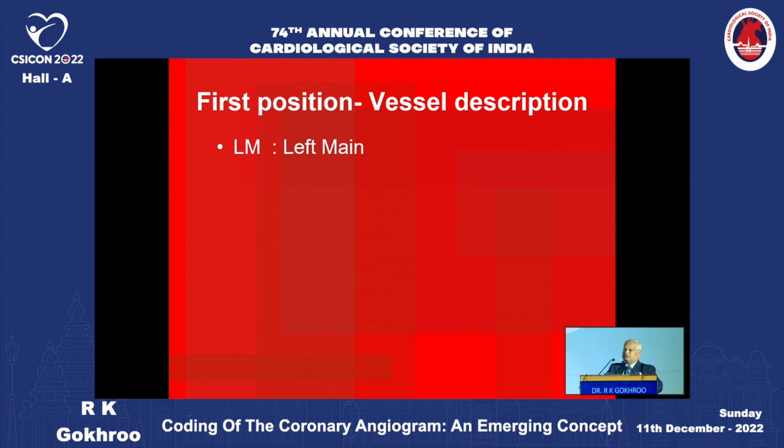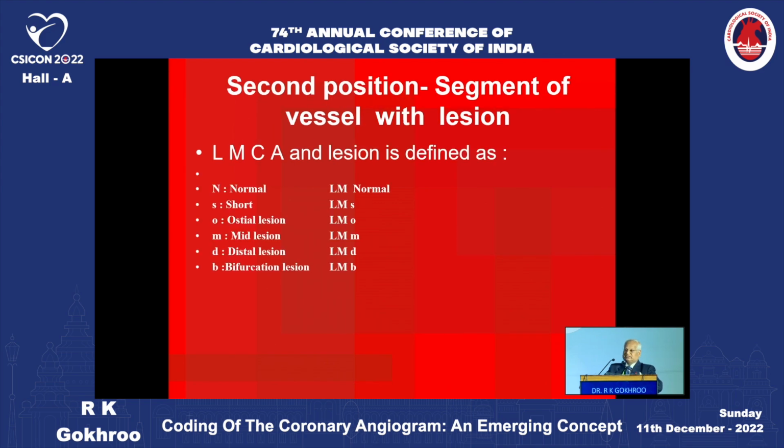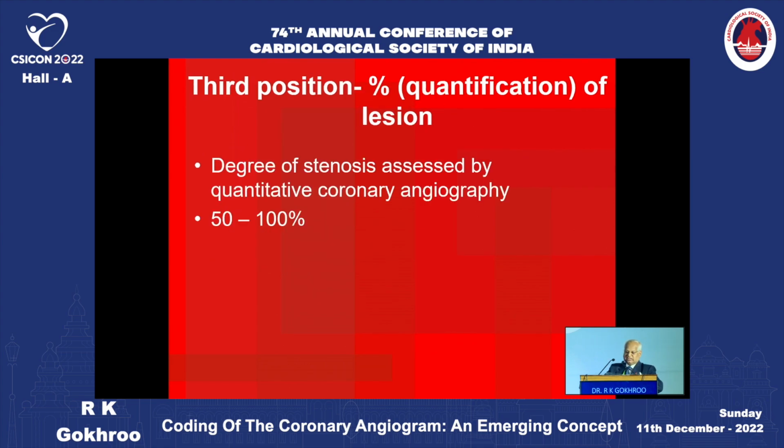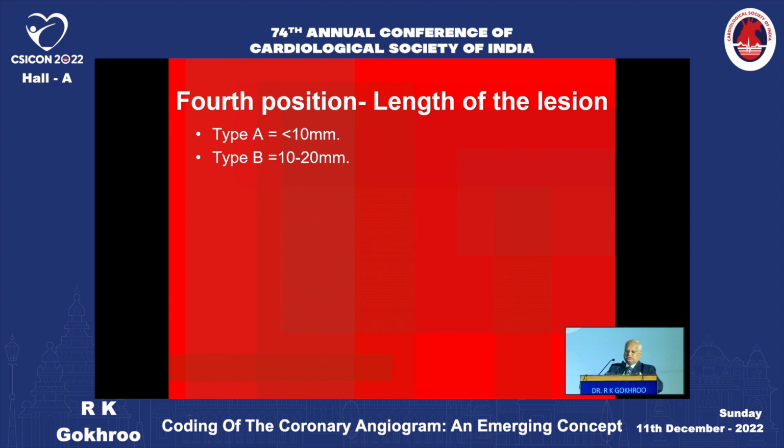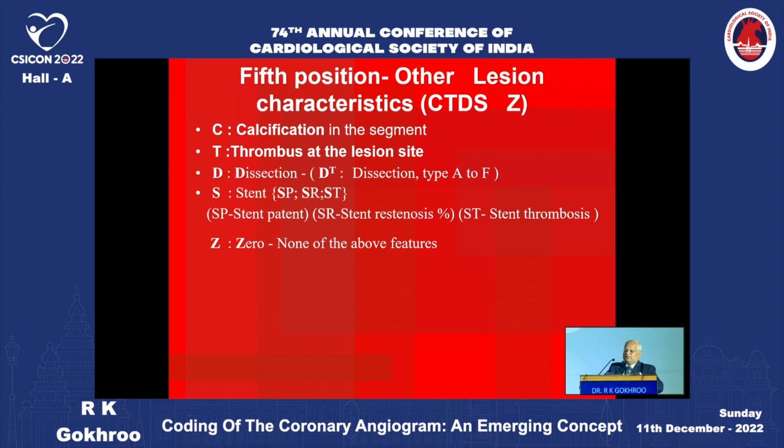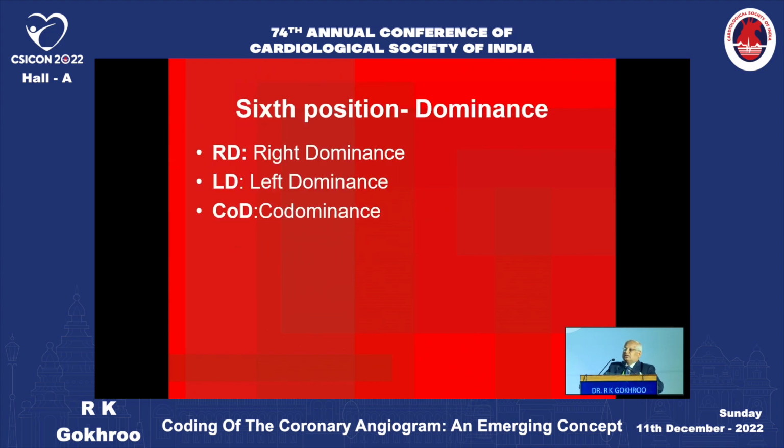Similarly, we have done the coding of the left main. First position is the vessel, second position is left main normal, ostial lesion, mid lesion, distal lesion, or bifurcation lesion, degree of stenosis in the third position, and in the fourth position it's usually 10 millimeters or so, so it could be a type A or type B lesion. In the fifth position, you can look for calcification, thrombus, dissection, stent, or no associated features.